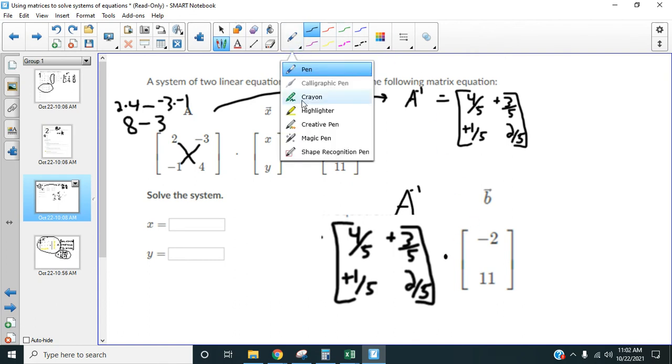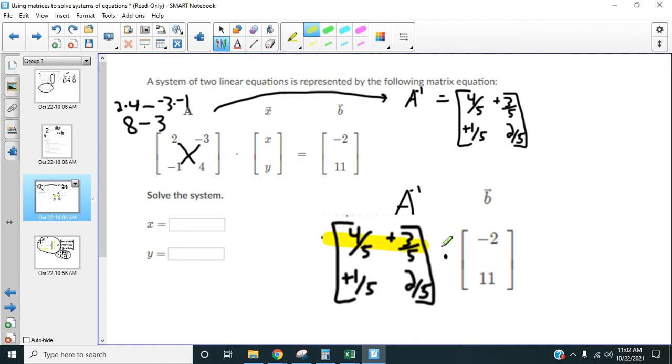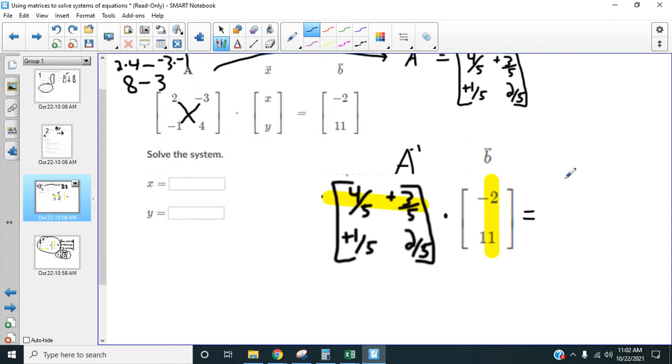All right, remember we have to do it in that order. So now we're going to take the first row times first column. So 4/5 times -2. Ugh. Plus 3/5 times 11. Oh, that's gross. Let's be exact. Let's not use decimals. All right.